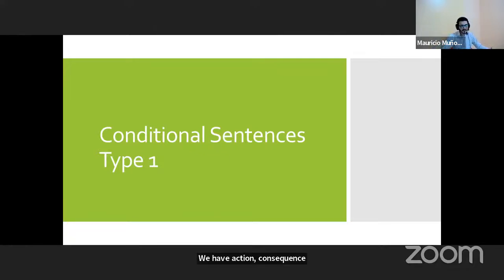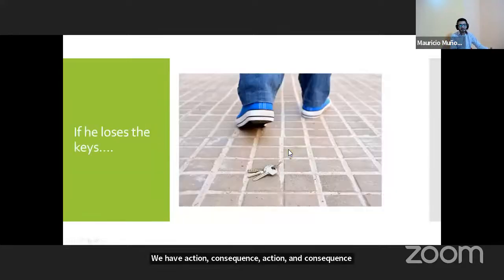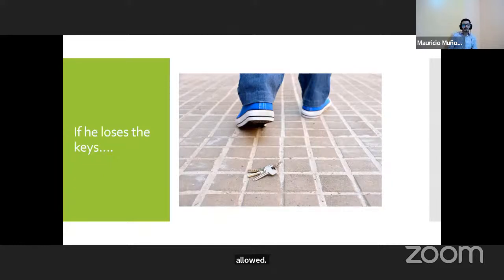For example, this is incomplete: If he loses the keys, si él pierde las llaves, falta la consecuencia. Ustedes dos van a trabajar y me van a escribir la consecuencia con la estructura correcta del primer condicional.